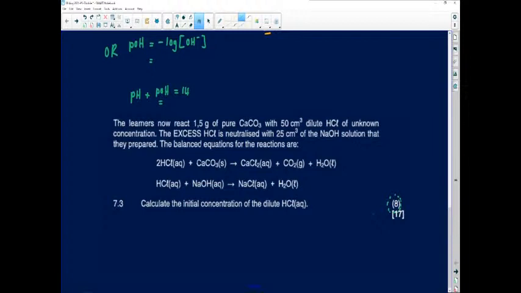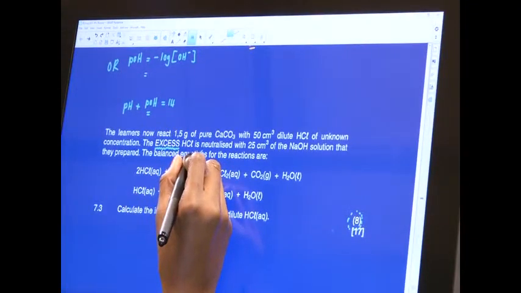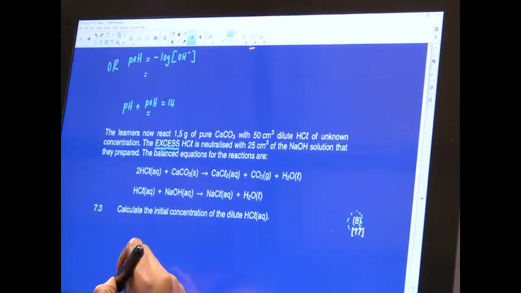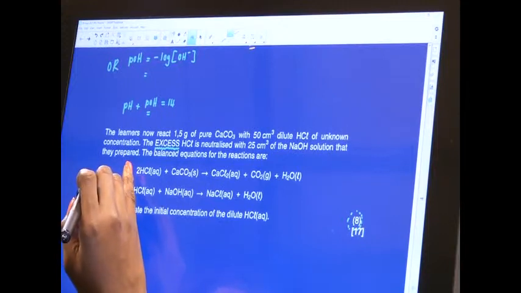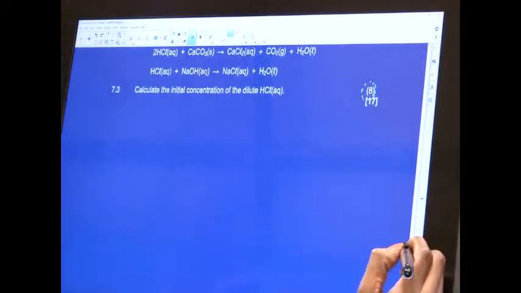The excess, remember there's a difference between excess, limiting reactant, and so forth. So excess means more than. The excess HCl is neutralized with 25 cubic centimeters of the NaOH solution they prepared. The balanced equations for the reactions are as follows. Just extend my page here.